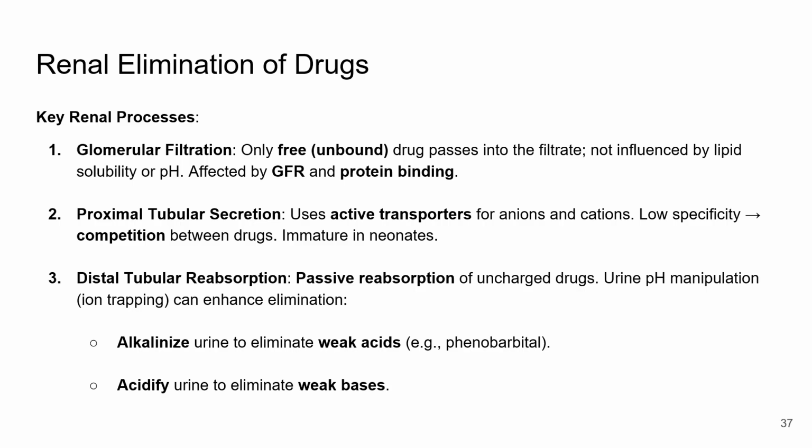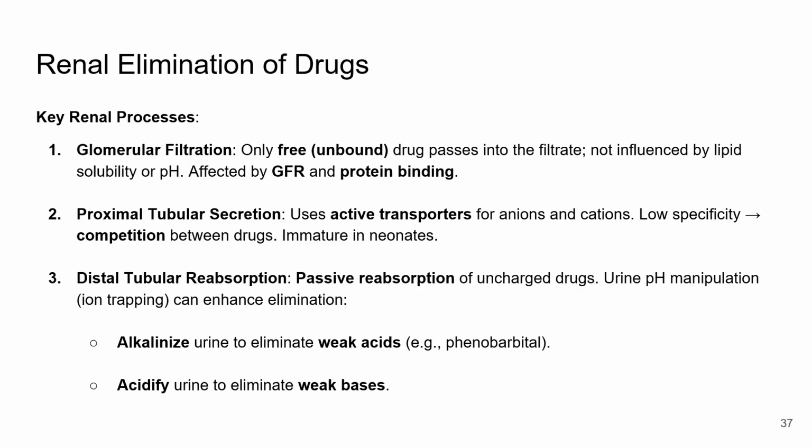Only free, unbound drugs can pass from the blood into the filtrate, and this process is not influenced by lipid solubility or urine pH. This depends mainly on the glomerular filtration rate, or the GFR, and the degree of protein binding. So drugs that are highly protein bound are filtered less efficiently.